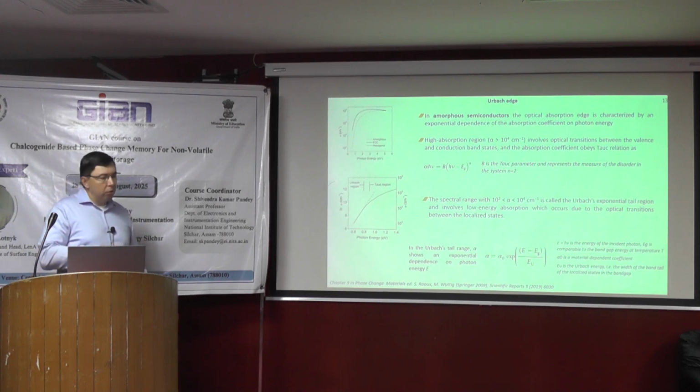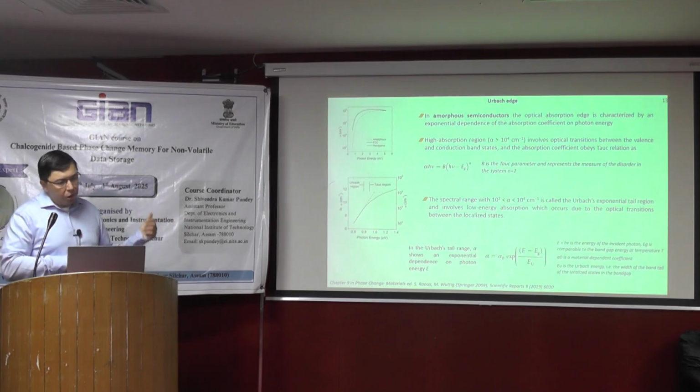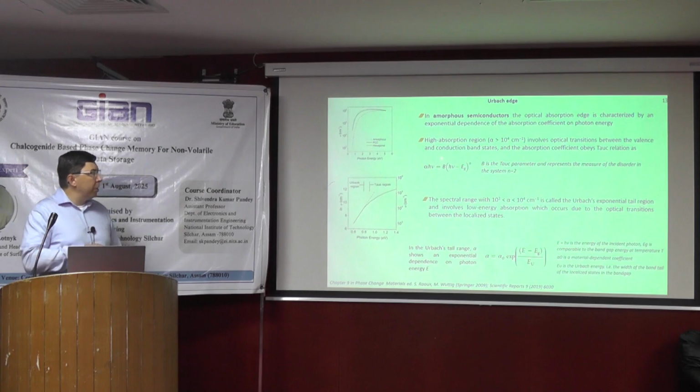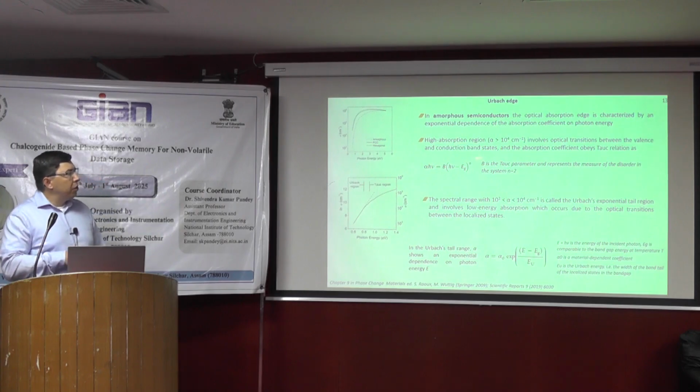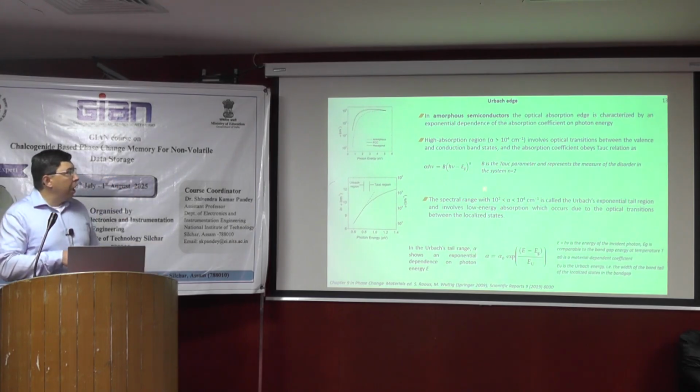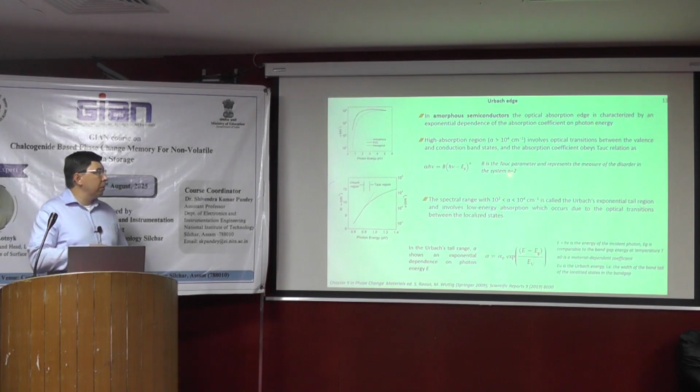And here, by measuring the optical band gap, it was a constant, but in this case this is B, which is the Tauc parameter, and it represents a measure of disorder in the system. And this exponent is equal to 2.